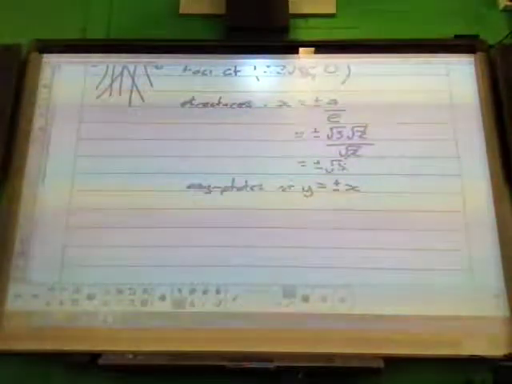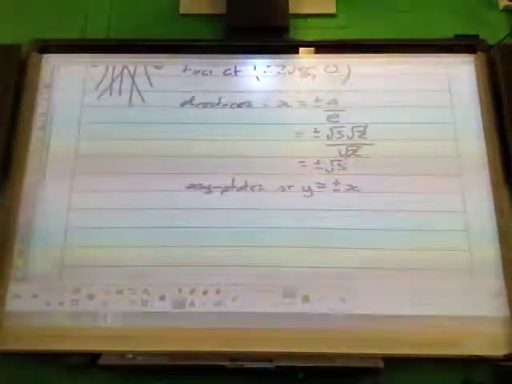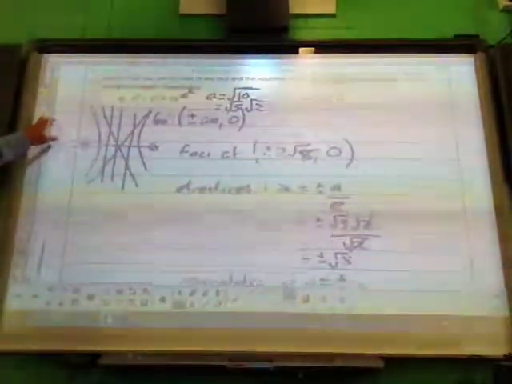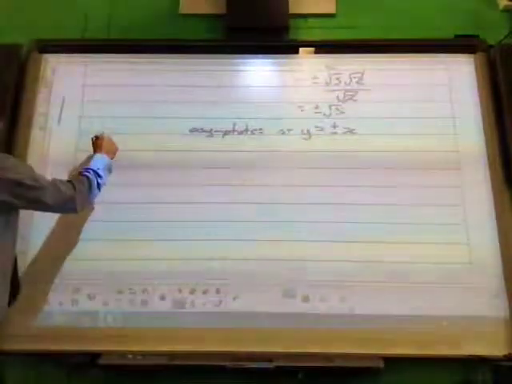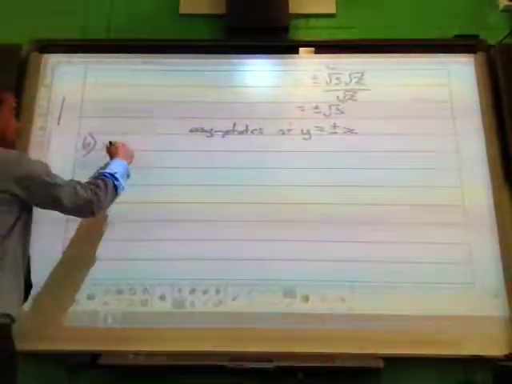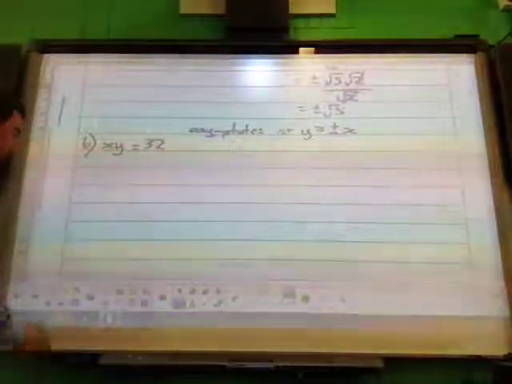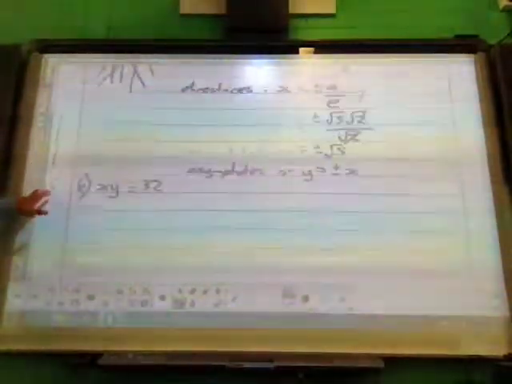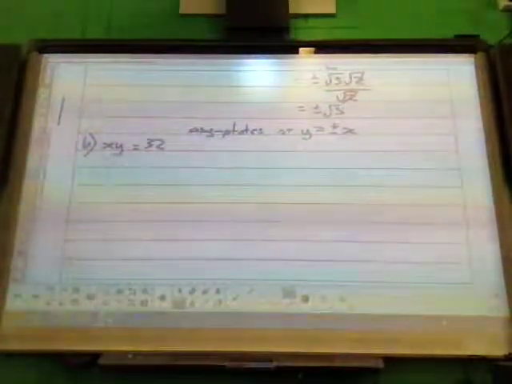Okay, that is the definition. Alright, so we've got the second one, xy equals 32. So coordinates of the foci.